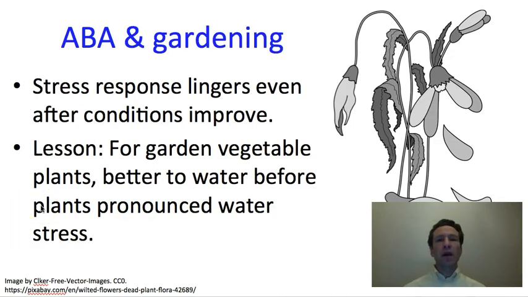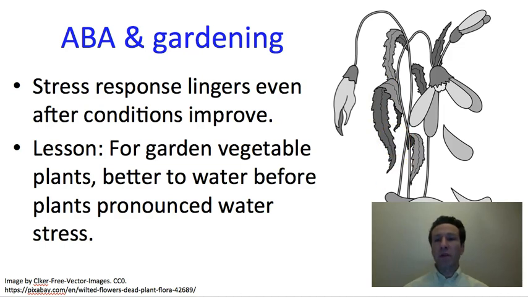Knowing about ABA is useful for gardening or even for houseplants. What's important here is that when we create stressful conditions, for example, by not watering a plant, then the plant is going to send an ABA signal up to its shoots and its leaves, telling it that it's under stress.